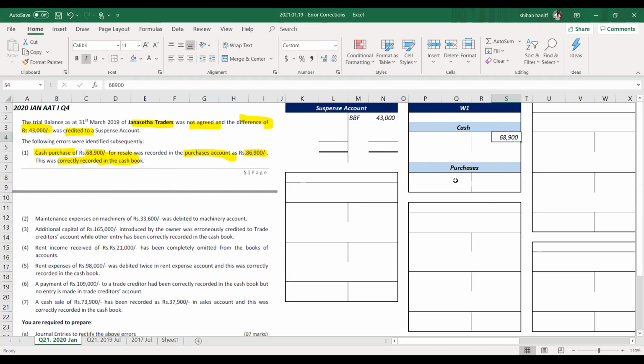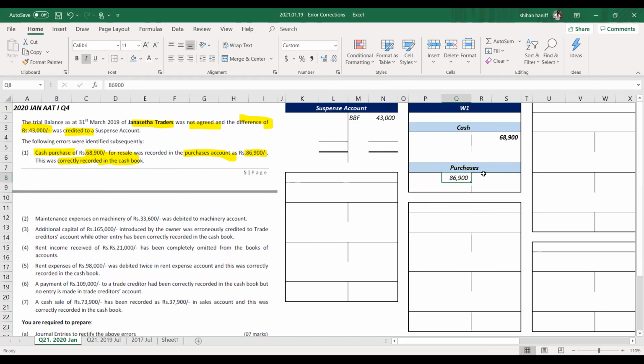But in the purchases account, it was recorded as 86,900. So how do you correct this?